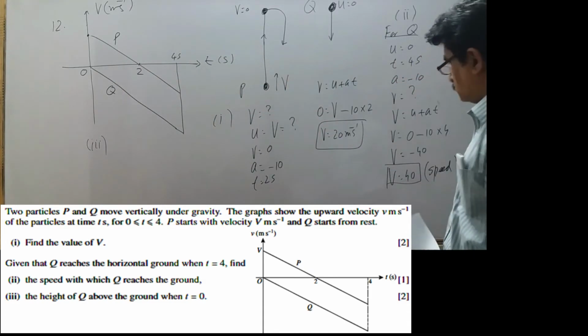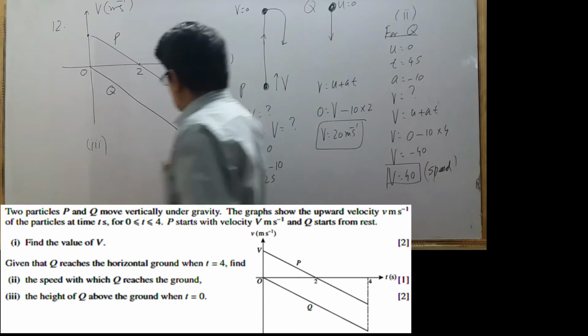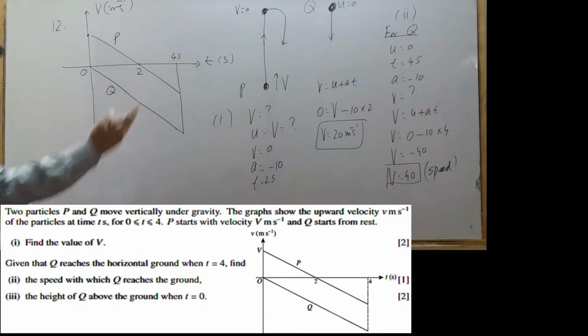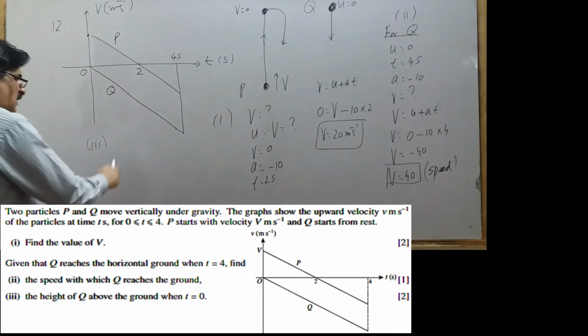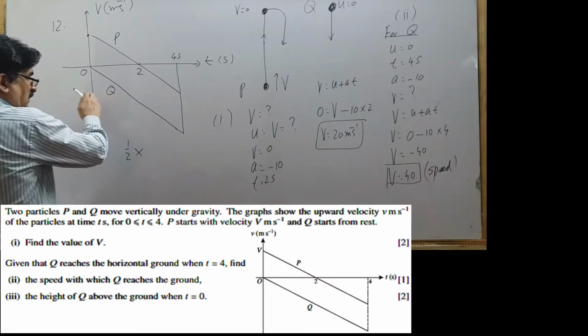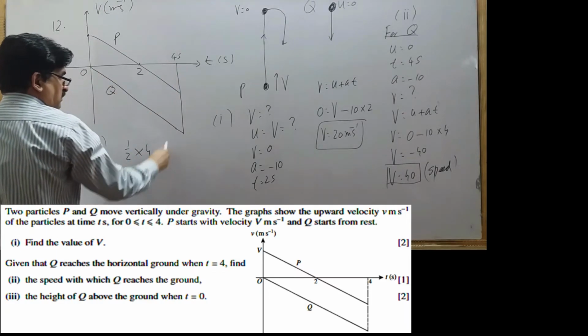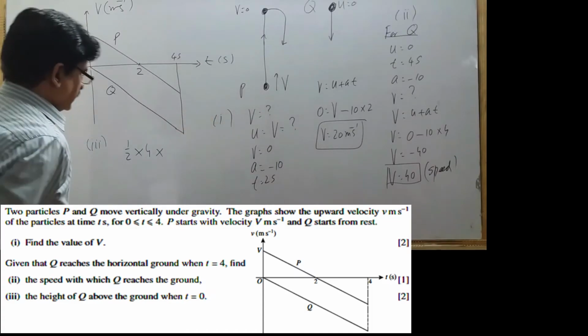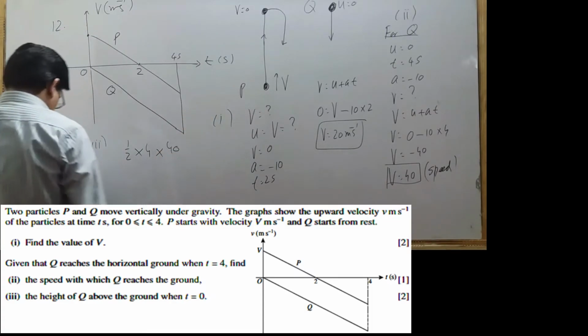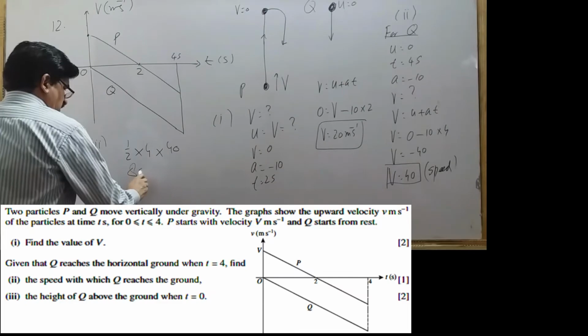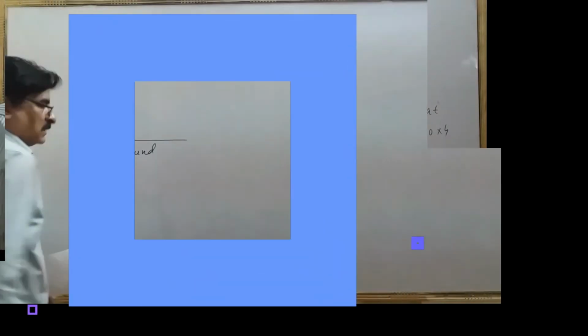You know the velocity over here, so you can also find this by equation of motion. So area is half into 4 into this height we have found, which is 40. So this answer is 80 meter.